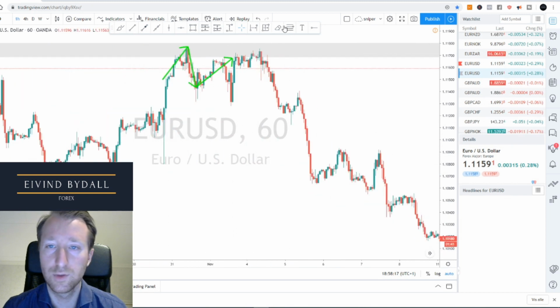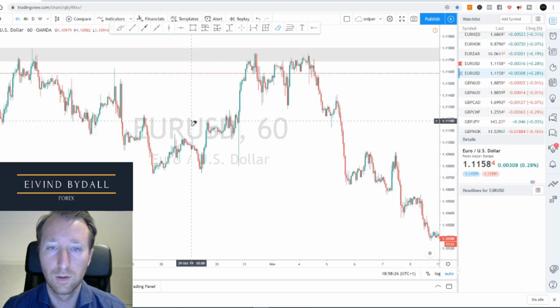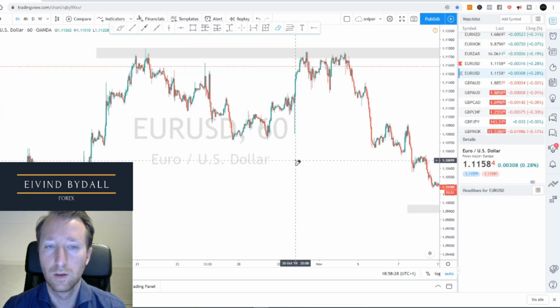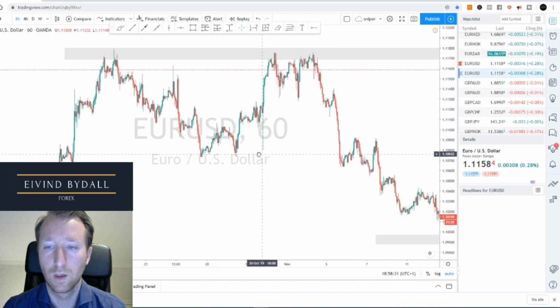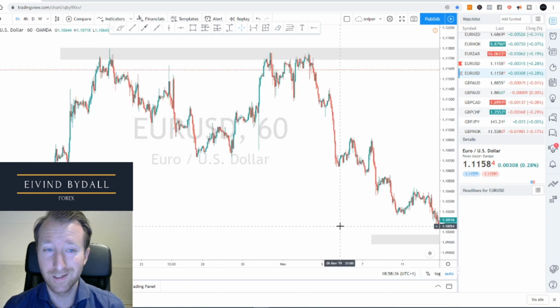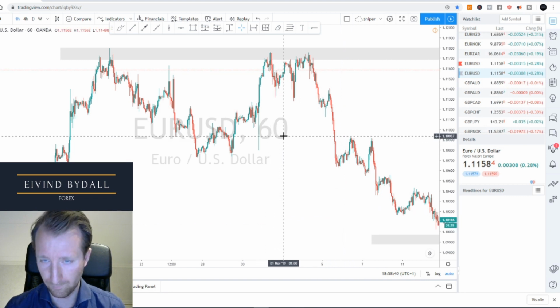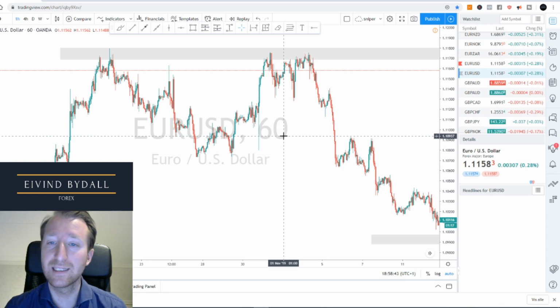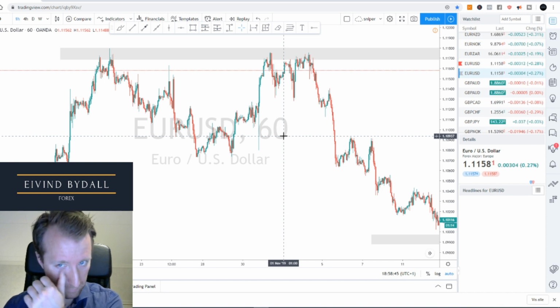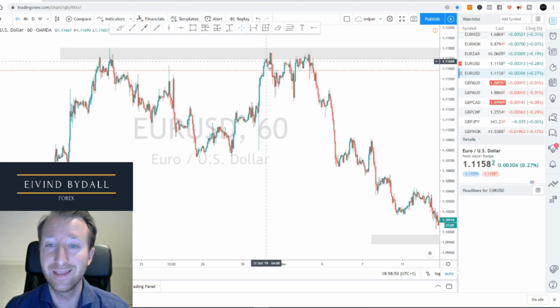Let's see if I can show it to you. Let's move on to November. This is 1st of November. Is price at resistance? Okay, very important. On a smaller time frame, this is a double top.